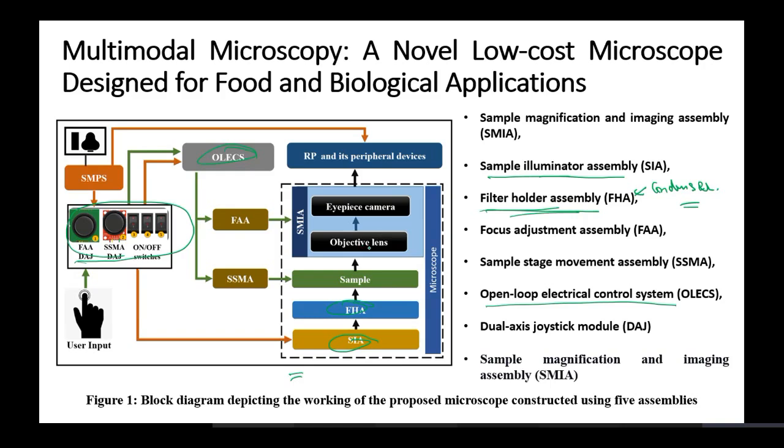Then you have the sample, then the objective lens and the eyepiece camera, and together with the optical tube these form the SMIA. And what is SMIA? SMIA is the sample magnification and imaging assembly.